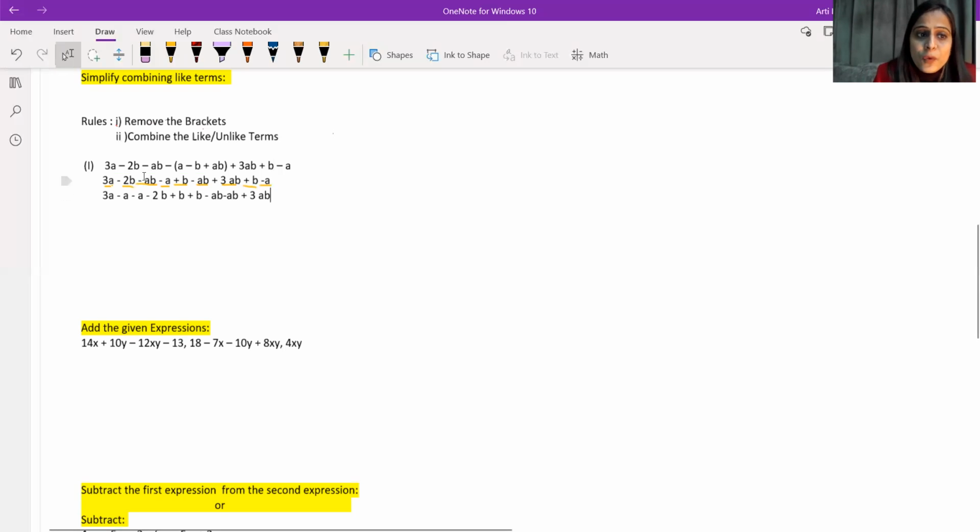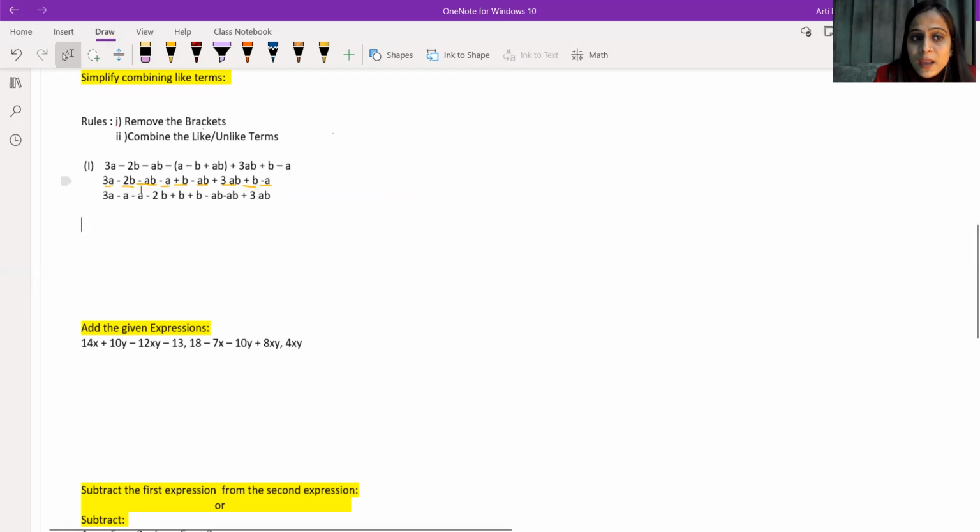If you forget to mark, or don't like to mark again and again, do one thing: if you have written all the terms by looking at the like terms, and you practice 4-5 sums, you will get the habit, and then there is no need to mark. Initially you need to do this. To check whether this step is right or wrong, count the terms in both steps.